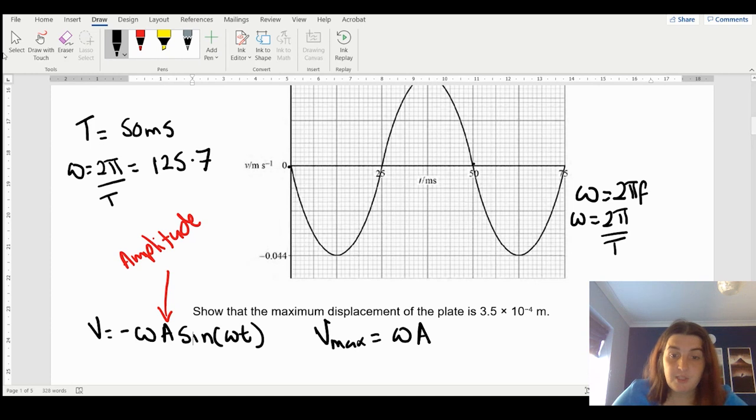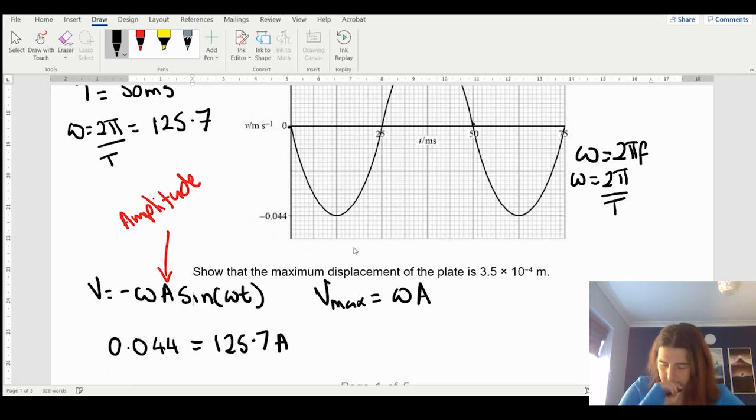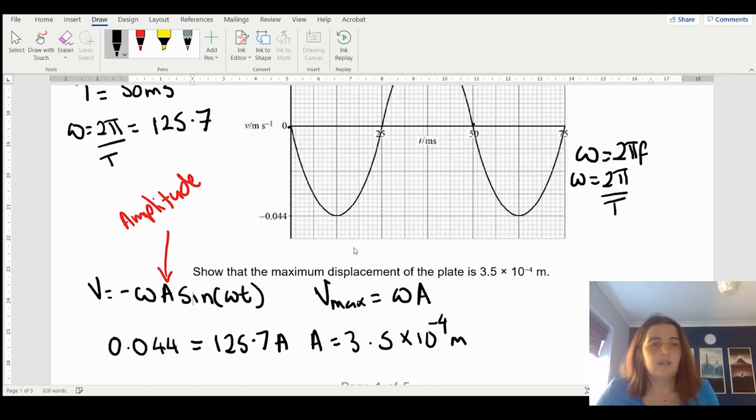So I can use this formula to find this amplitude. So 0.044 equals 125.7 A. So my amplitude, of course, is 0.044 divided by the answer, and I get 3.5 times 10 to the minus 4 meters.